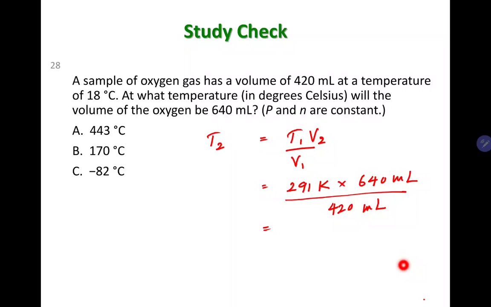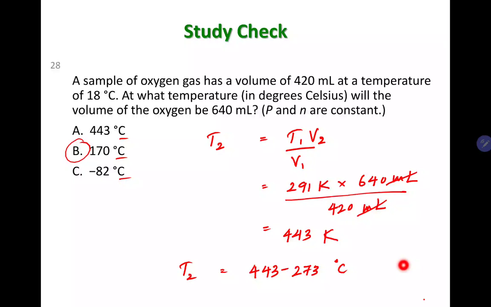This will get you the temperature in Kelvin. So I think the temperature in Kelvin is 443. But you look at the answers, and all the answers are in Celsius. So you need to convert this back to Celsius. T2 will be what? 443 minus 273, which is 170 Celsius.